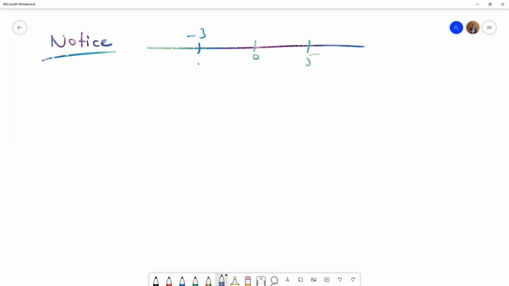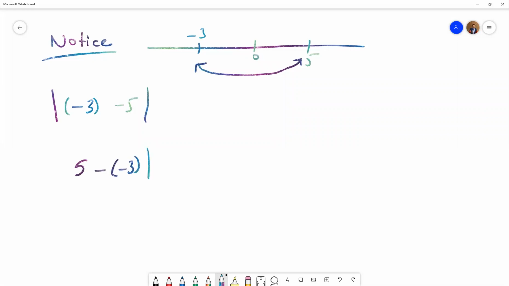We are trying to find this distance. So first, maybe it is from -3 to 5, and the other one is from 5 to -3. We have to get the same result, so let's try.